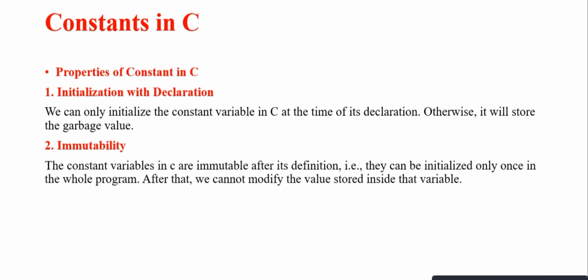Second one, immutability. The constant variables in C are immutable after their definition. That is, they can be initialized only once in the whole program. After that, we cannot modify the value stored inside that variable. The word immutable means we cannot modify the value.